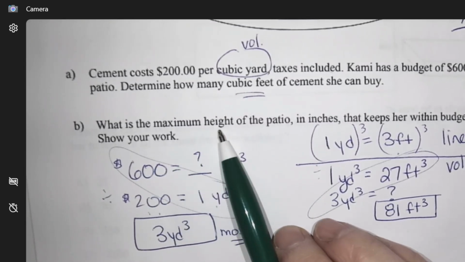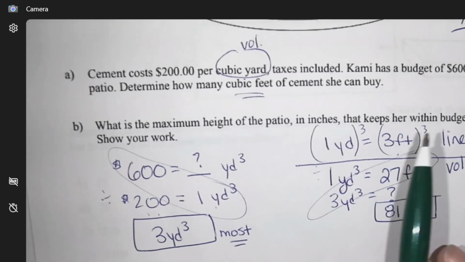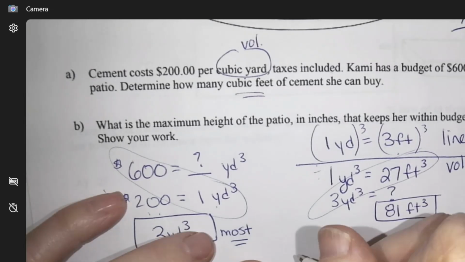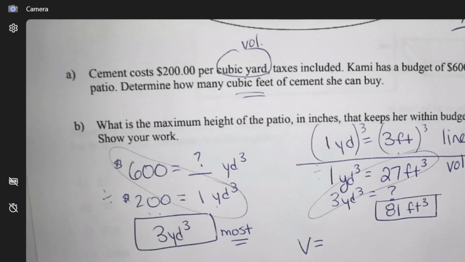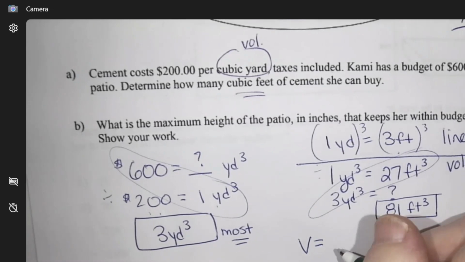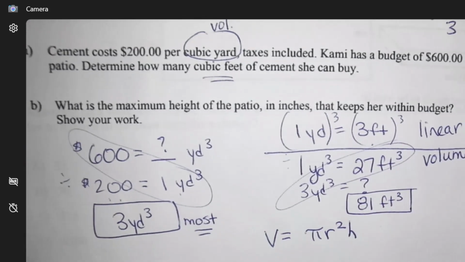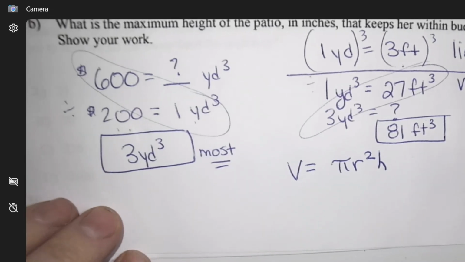Question B, what's the height of the patio? What's the highest height in inches that keeps her within her budget? Okay, so here's what we're going to do. We're going to do the volume of a cylinder. So now it's time for me to go to my formula sheet. The volume of a cylinder. Volume equals pi r squared h.